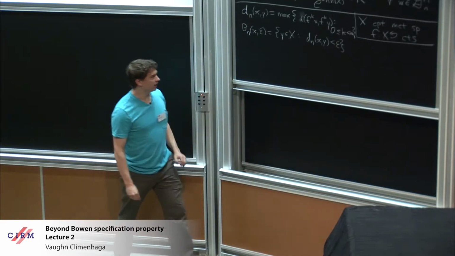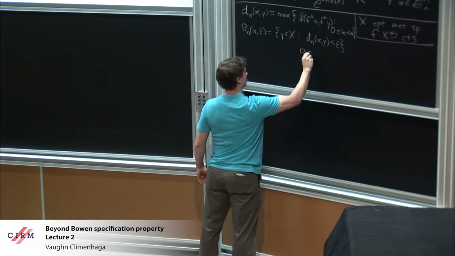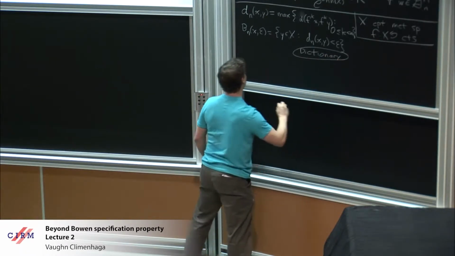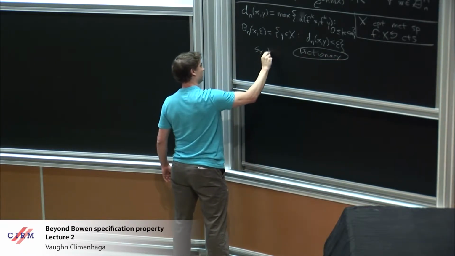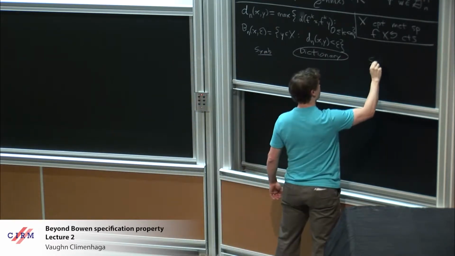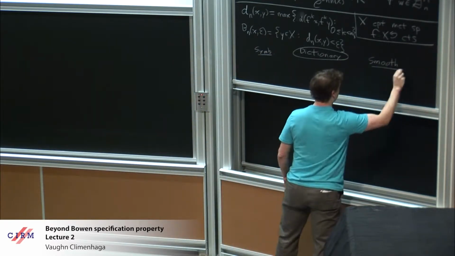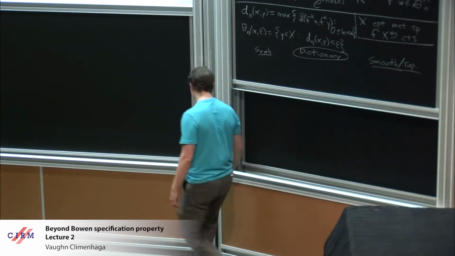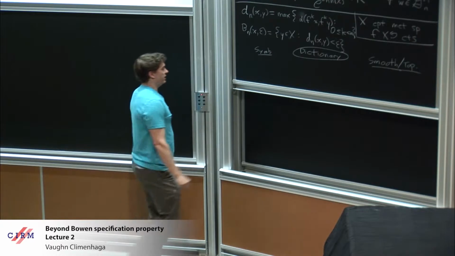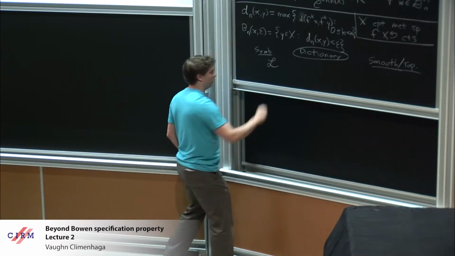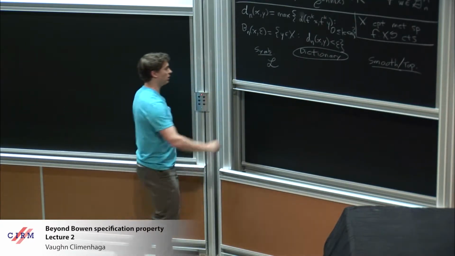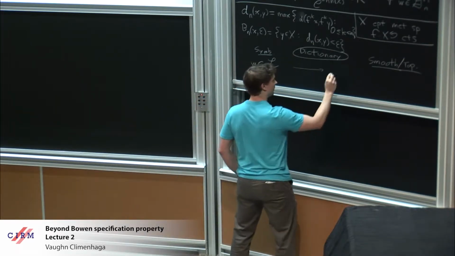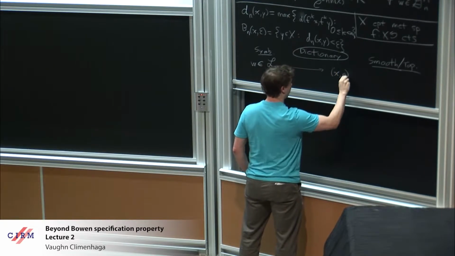And now the dictionary from the symbolic case to the smooth case, or maybe topological or non-symbolic at any rate, is that anytime we talk about the language and a word in the language, we should now talk about a finite orbit segment.